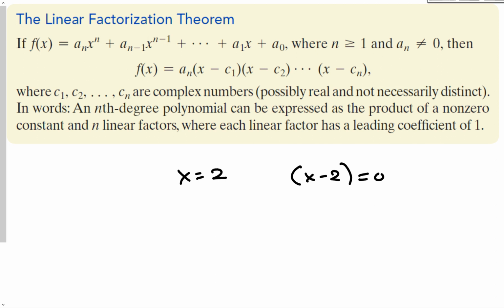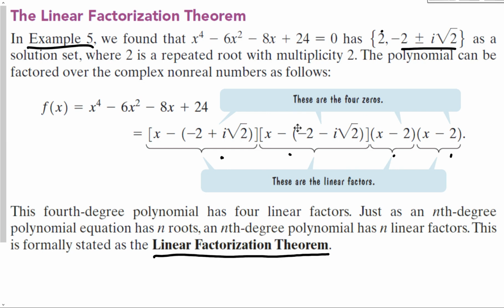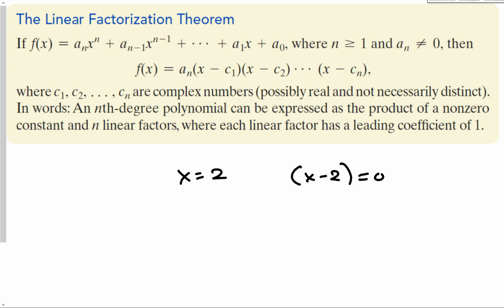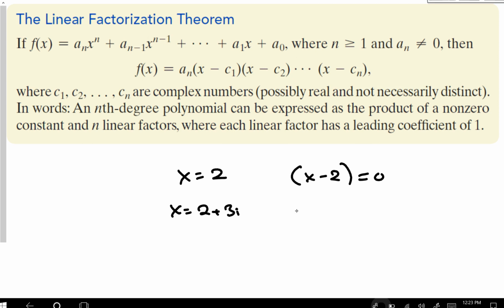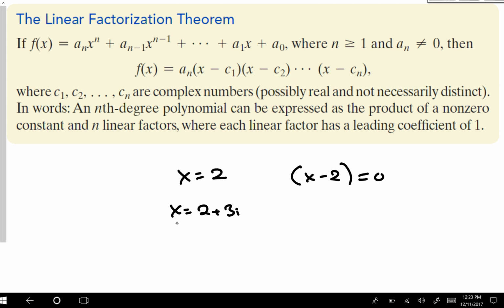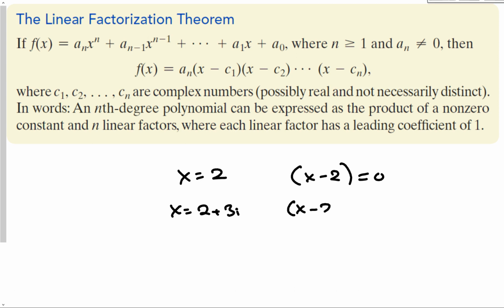The only time this gets a little more complicated, like with these 2 factors, is if x is equal to, let's say, 2 plus 3i. If we set that equal to 0, I would say my factor that generated this root is x minus 2 minus 3i, because I would move both of these to the other side.